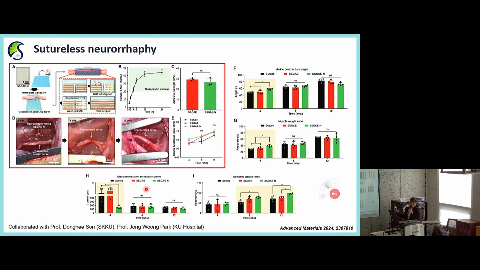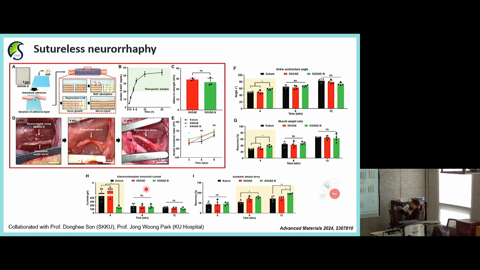Also, we can encapsulate some therapeutic molecules in the adhesive hydrogel layer. In this case, we encapsulated nerve growth factors for enhanced nerve repair. And then we also checked the release profile of the therapeutic molecule from our patch material.